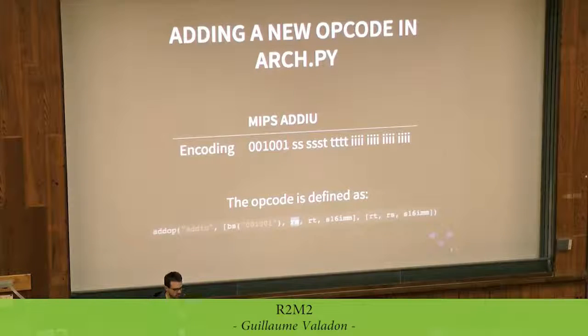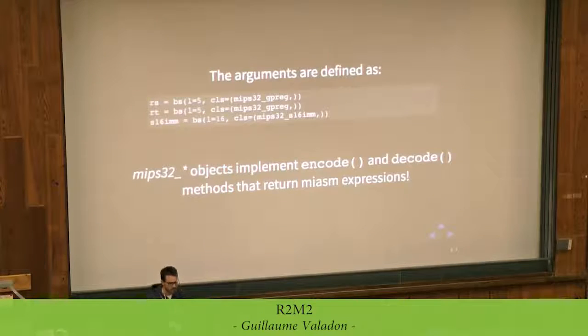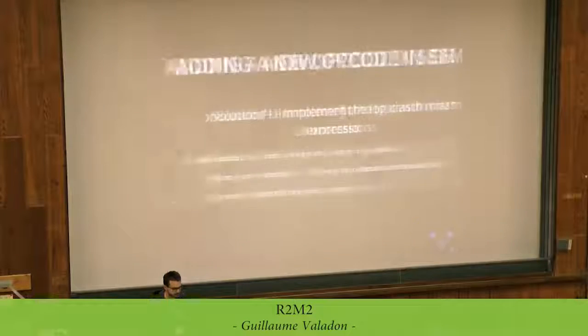You give a source register, target register, an immediate, and that's it. You have your instruction definition in miasm. It's really powerful. For me, it's like Sklearn for assembly and disassembly. Then you define arguments, your registers, your immediates, and that's pretty much it. For someone lazy like me, that's perfect.